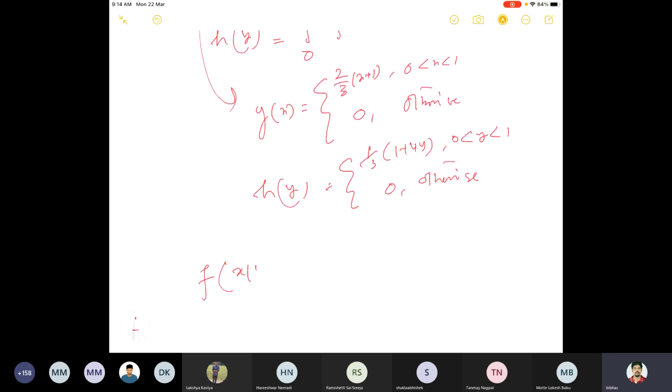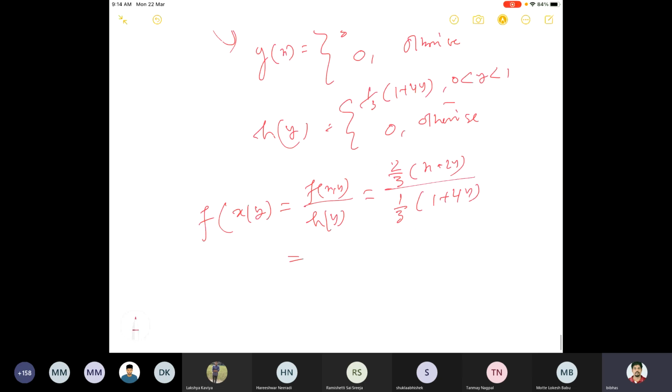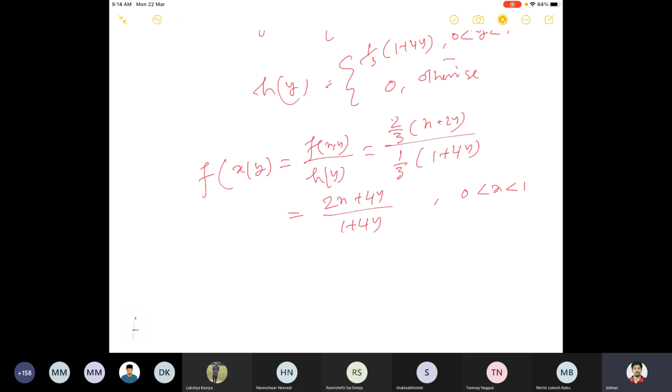Here I know everything, so you can just write 2/3 (x + 2y) divided by 1/3 (1 + 4y). Whenever the denominator is 0, it is not defined, but here it is non-zero, which is equal to (2x + 4y) divided by (1 + 4y). Otherwise it is 0.